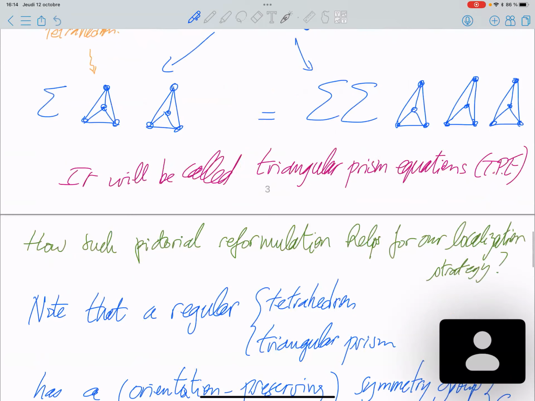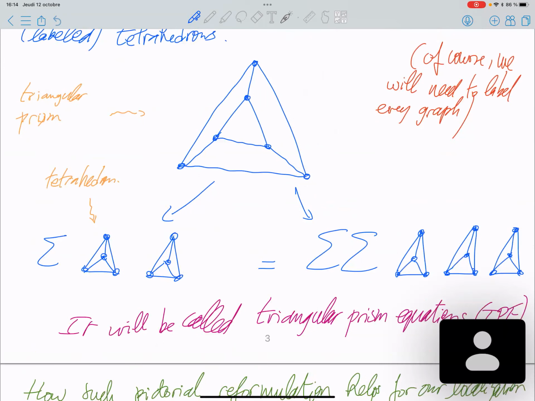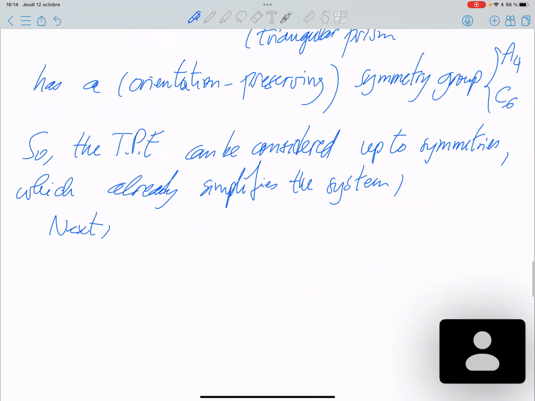So you have a nice symmetric pictorial reformulation, and the main point here is to choose an appropriate labeling.